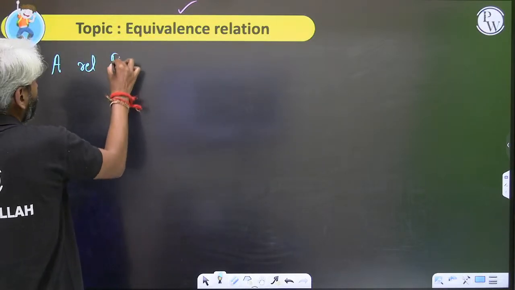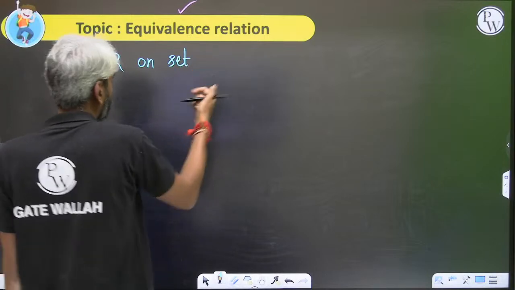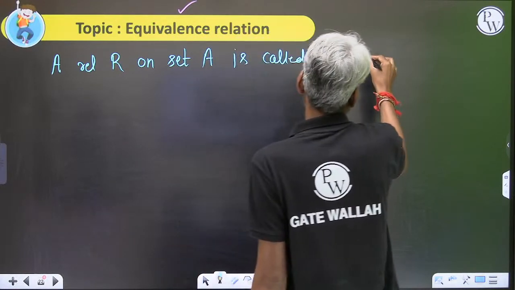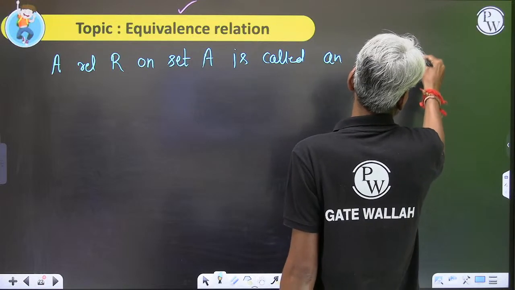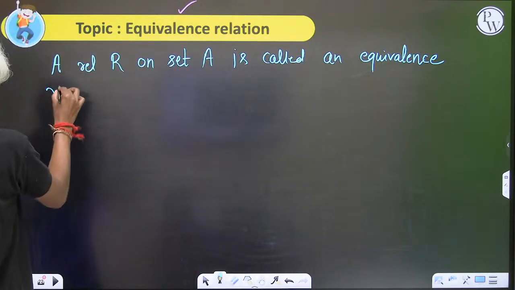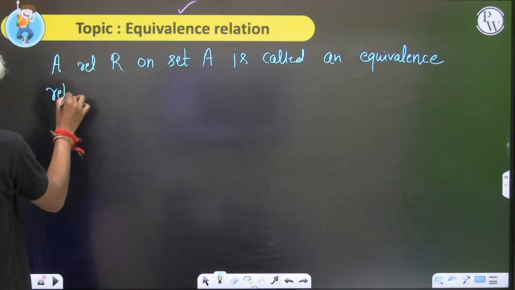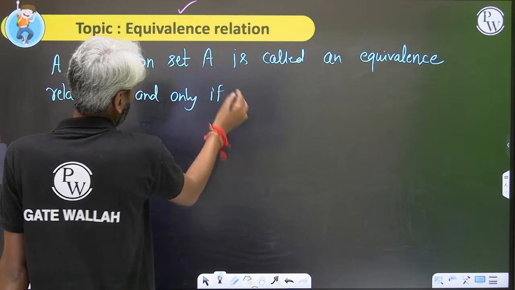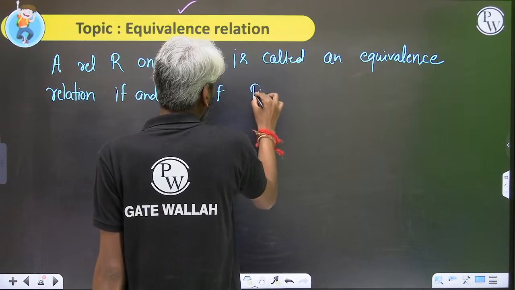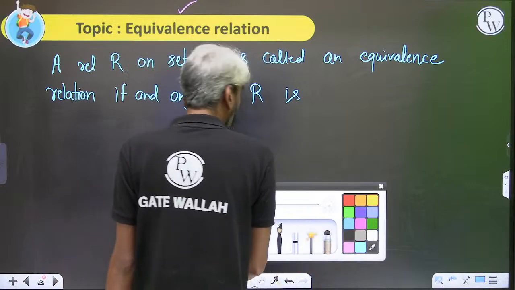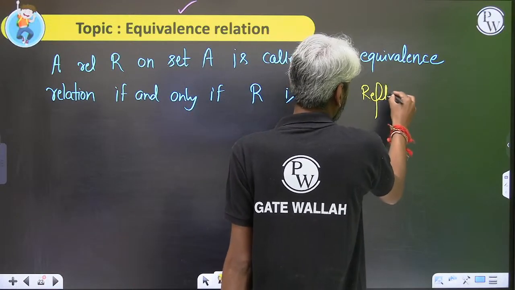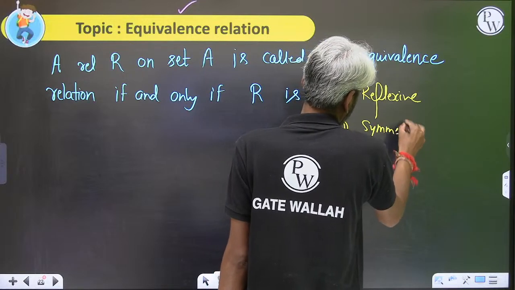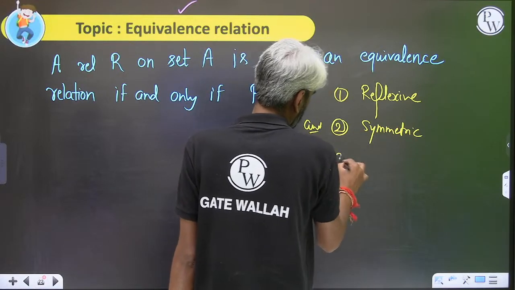So, a relation R on set A is called an equivalence relation if and only if R is first reflexive, R has to be reflexive, and symmetric and transitive.